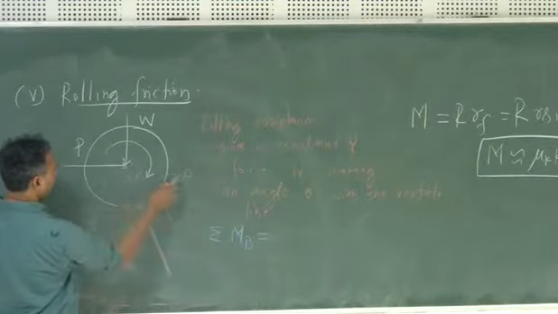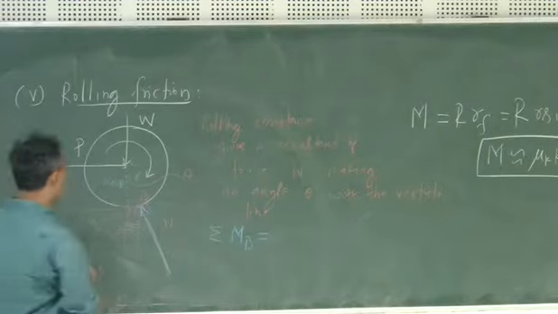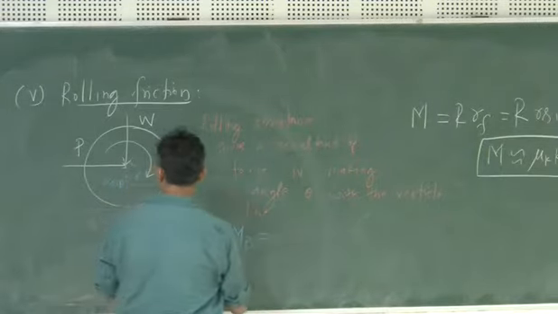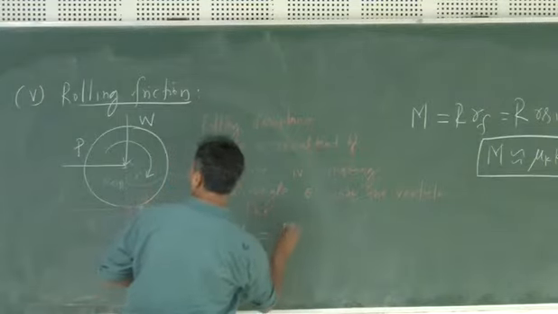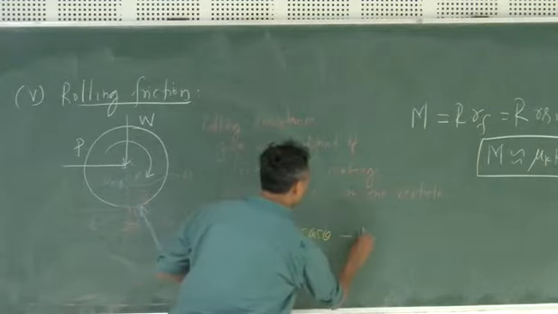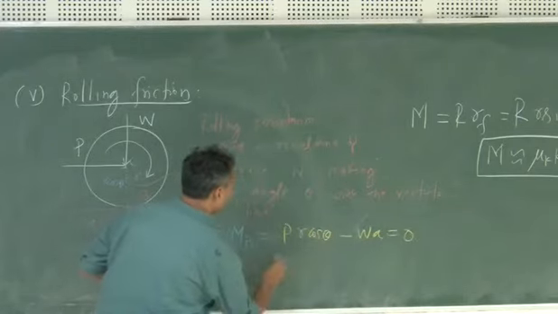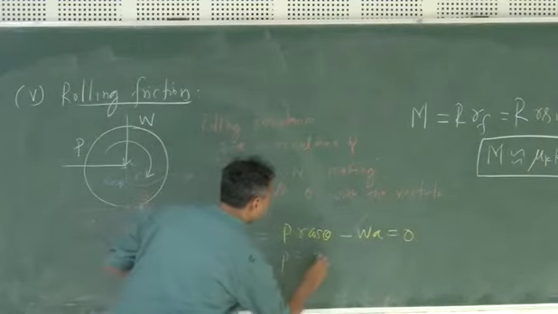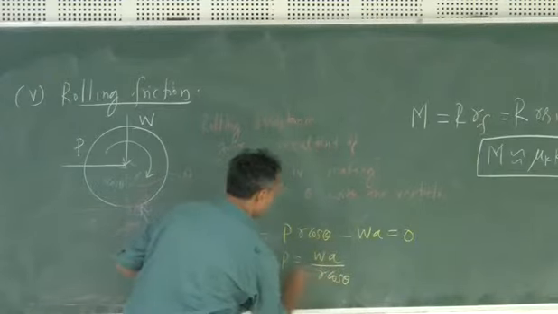It will be R cos theta. So the moment about B is given by P times R cos theta minus W times A, which equals 0. So your P will be given by WA by R cos theta.